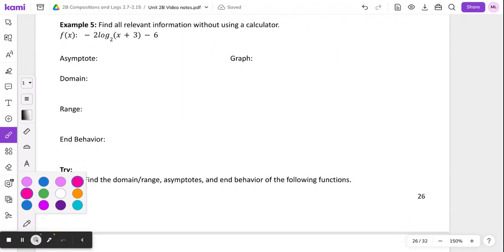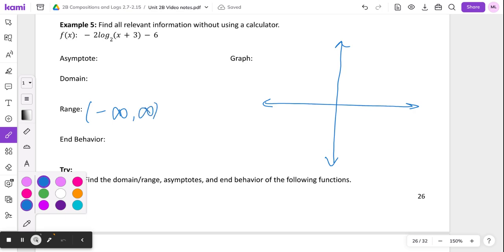We're going to make a nice little graph and answer all the questions. So I would graph as we talk about it here. Range is easy, all real numbers. Domain, because we're shifting this to the left 3, we'd have a vertical asymptote at x equals -3.